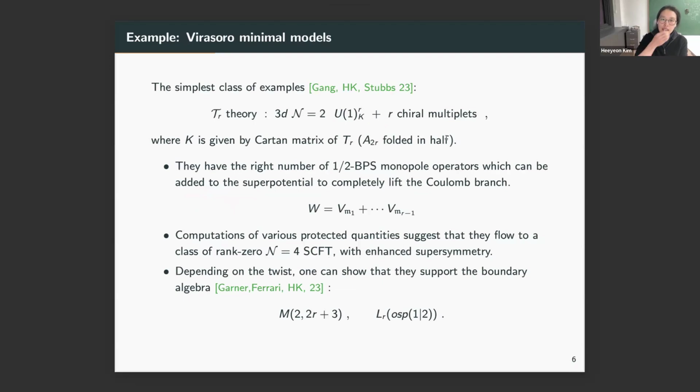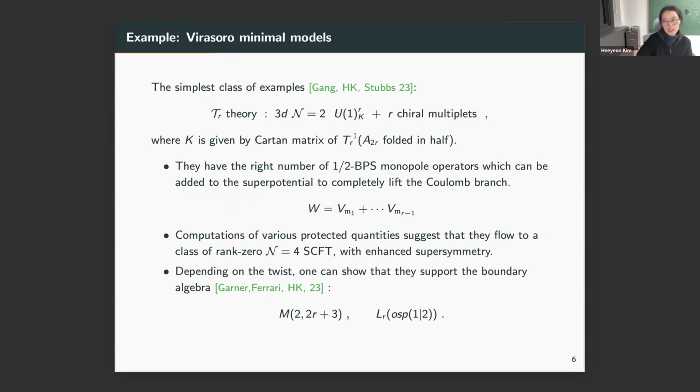Here are some simple examples. The simplest example is given by the following. So you consider this 3D N=2 theory with gauge group U(1)^R, where the Chern-Simons level, the matrix K, is now given by the Cartan matrix of what's called the Tadpole diagram.